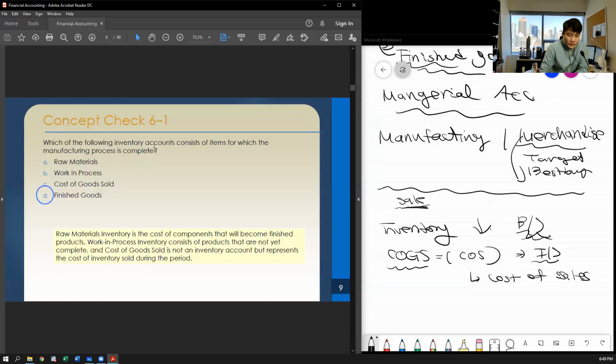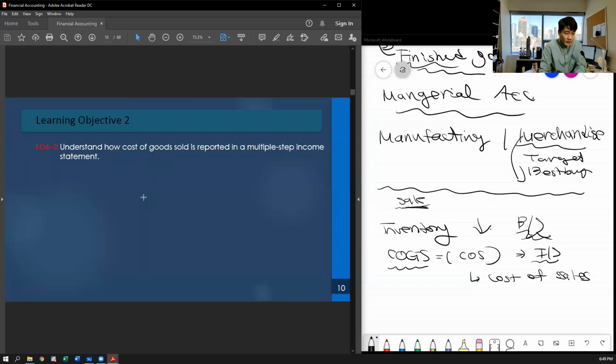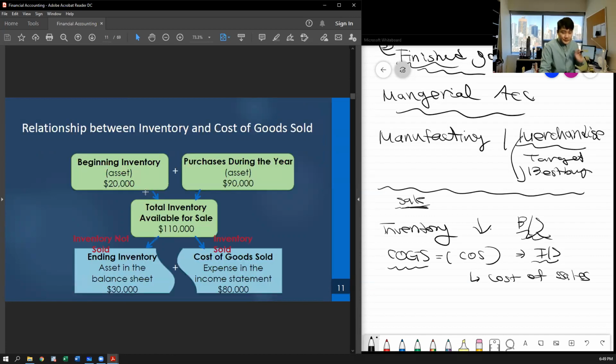Which of the following inventory accounts consist of items for which the manufacturing process is complete? So basically, you're talking about manufacturing companies. Okay. When the process is complete, you're going to be reporting this as finished goods. Okay. Any questions? Good.